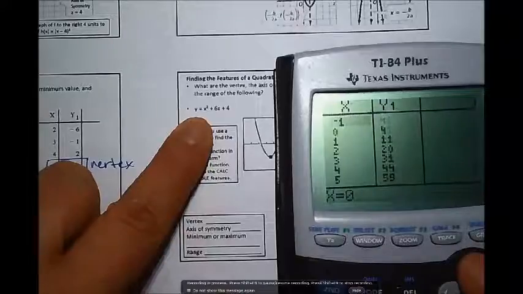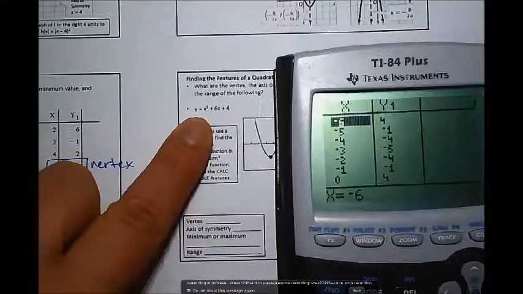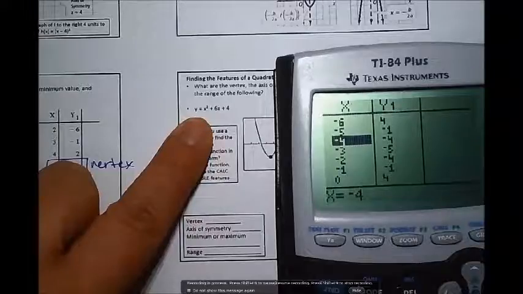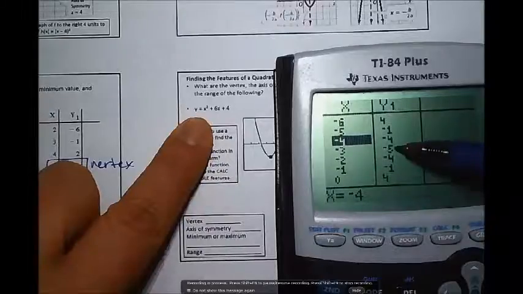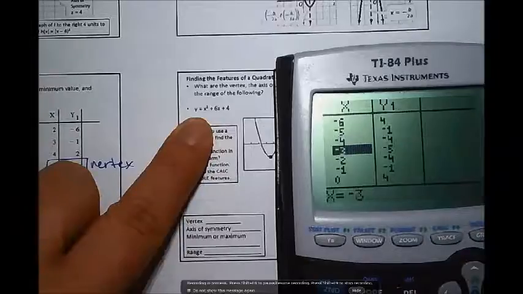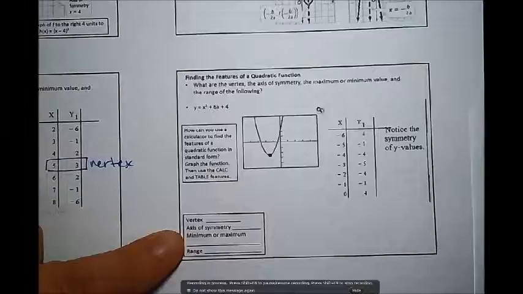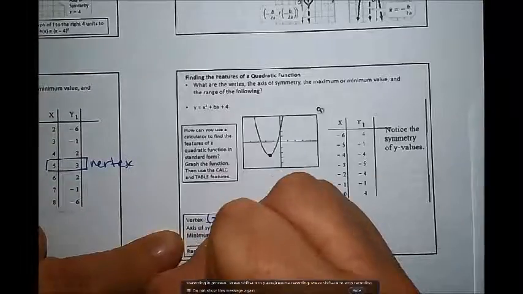And then we're going to look for some symmetry. Oh, hey, there it is. We have the top is the same as the bottom. We got 2 -1s, 2 -4s, and there is our vertex at -3, -5. So we're going to write that right in there. Our axis of symmetry is going to be the x value.